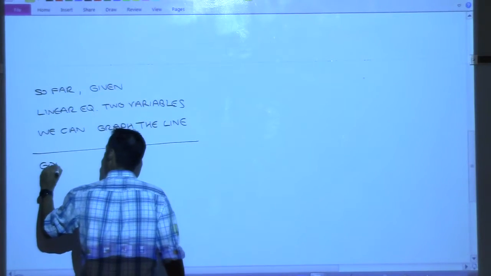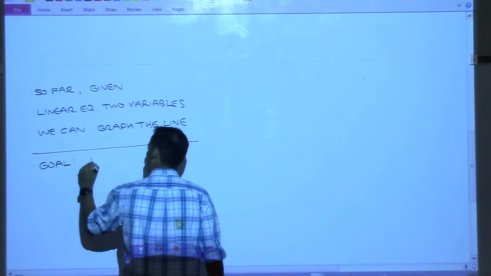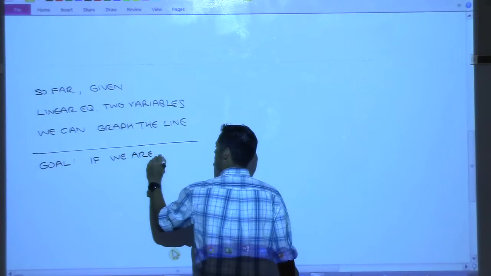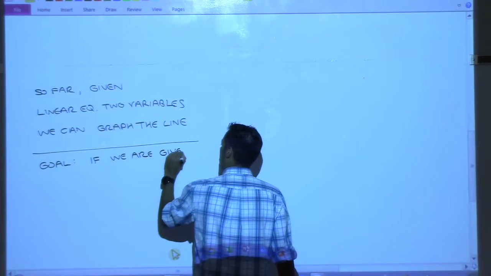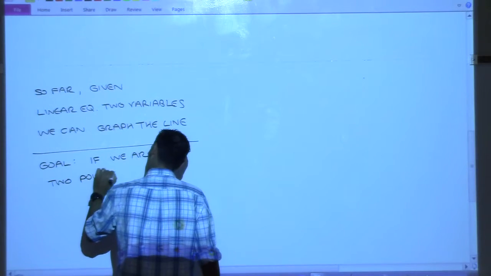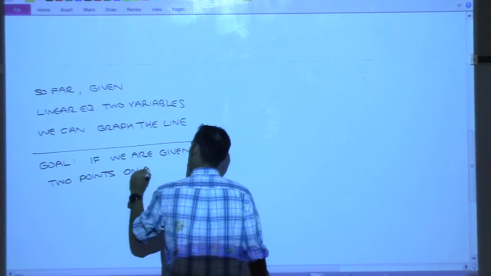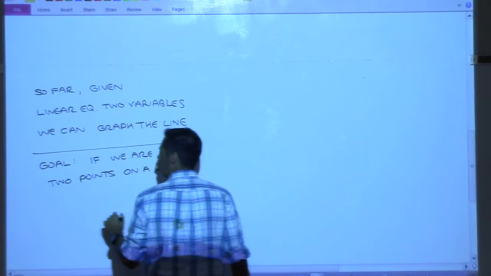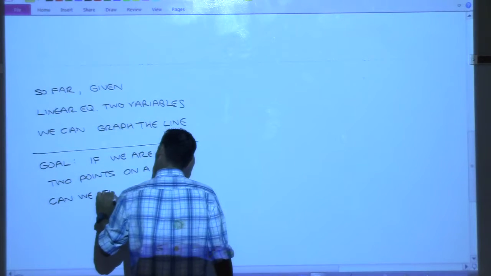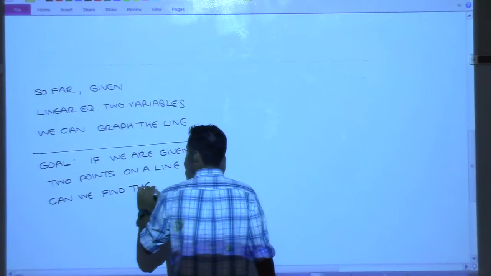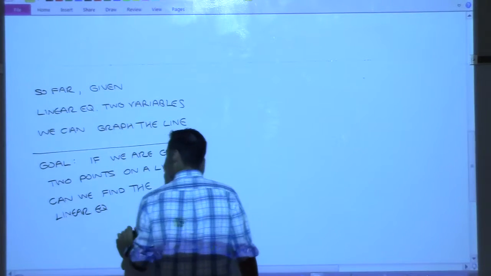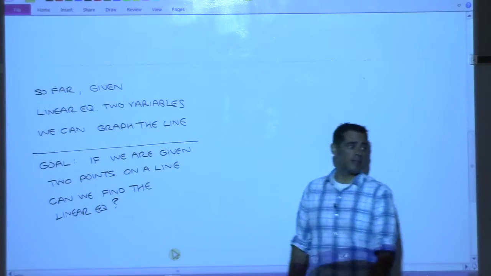The goal now is that if we are given, instead of the equation, 2 points on a line, can we find the linear equation or not? Okay, so that's the idea.